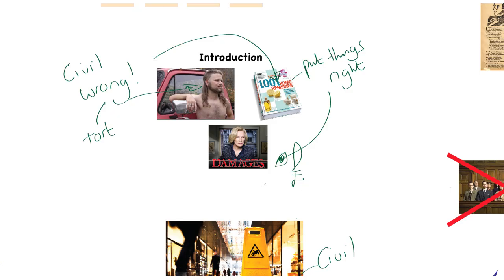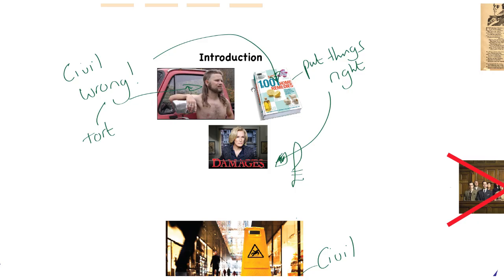And I'm going to look at a central principle for tort law and civil law in a moment. But just remember, it's a civil wrong for which you want to seek a right, you want things put right, and often the way in which that is put right is by financial compensation. It's not the only way by a long shot, but it is the most obvious and the most popular.